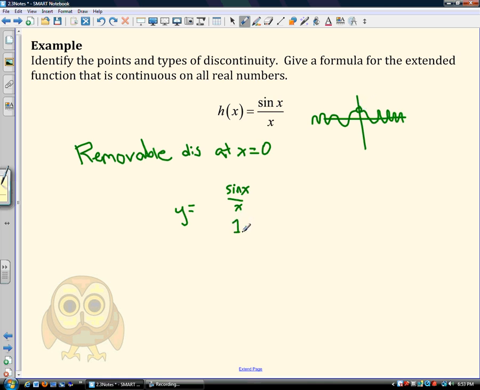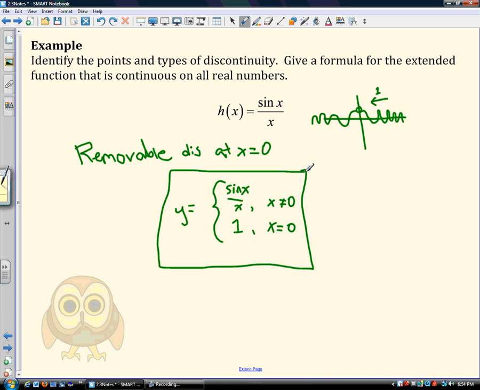You know what that looks like because we know the limit as x goes to 0 is 1. So this is when x equals 0. This is everywhere else, so when x is not equal to 0. Negative infinity up to 0, 0 to infinity, everywhere except for at 0. So there is our extended function.